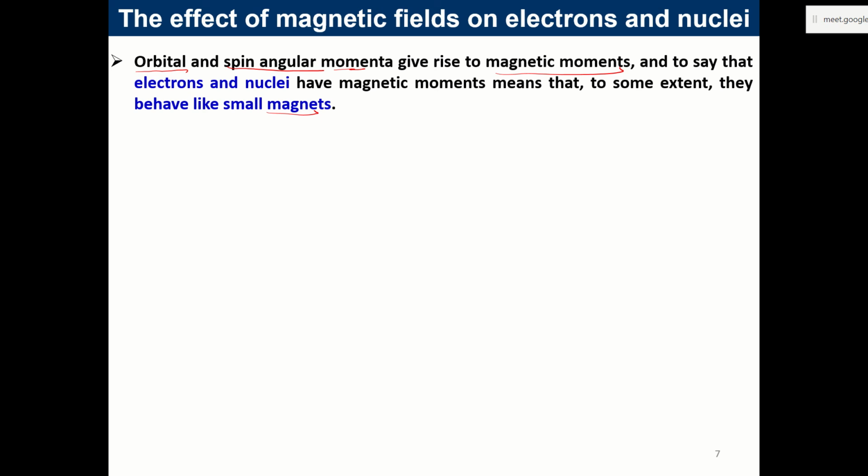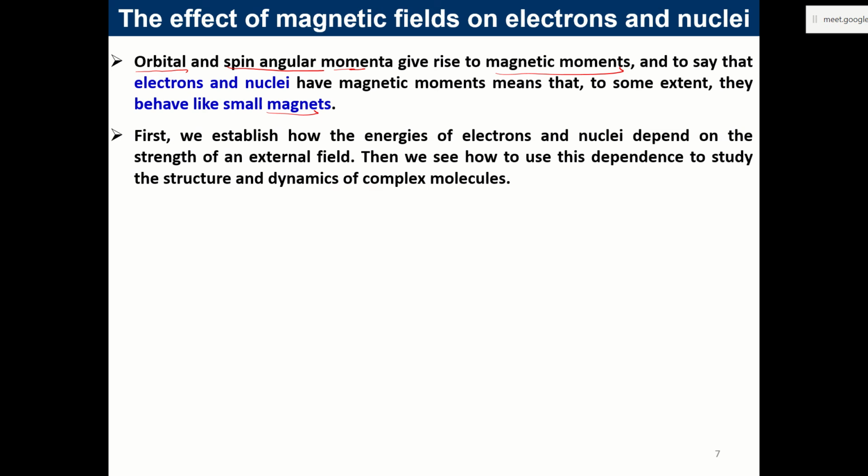The electron in addition has orbital angular momentum. We should learn how this field is set up, how the magnetic moment is generated, and then we'll learn about what happens when the field is applied. So the strength of the external field can change the energies of the electron and nucleus.